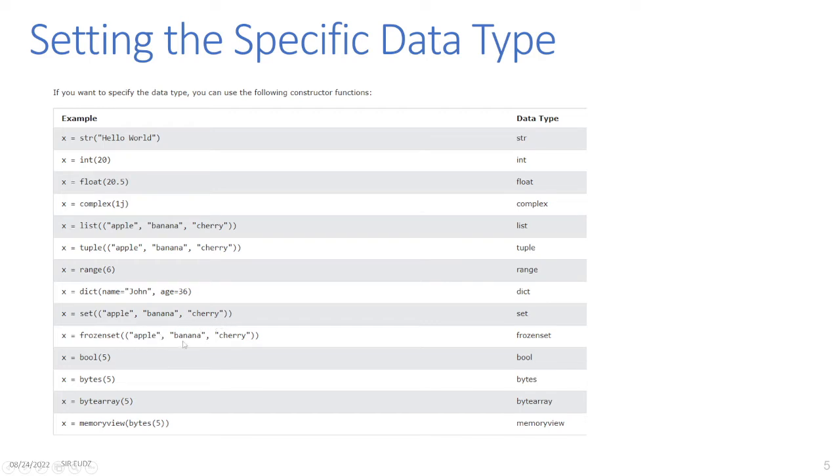Frozenset is the same as the previous one. For bool 5, even though it's 5, it will be stored as boolean. Usually a non-zero value is actually True. Then we have bytes 5, bytearray 5, memoryview bytes 5. These are memory views. We'll learn more of this in our next lectures.